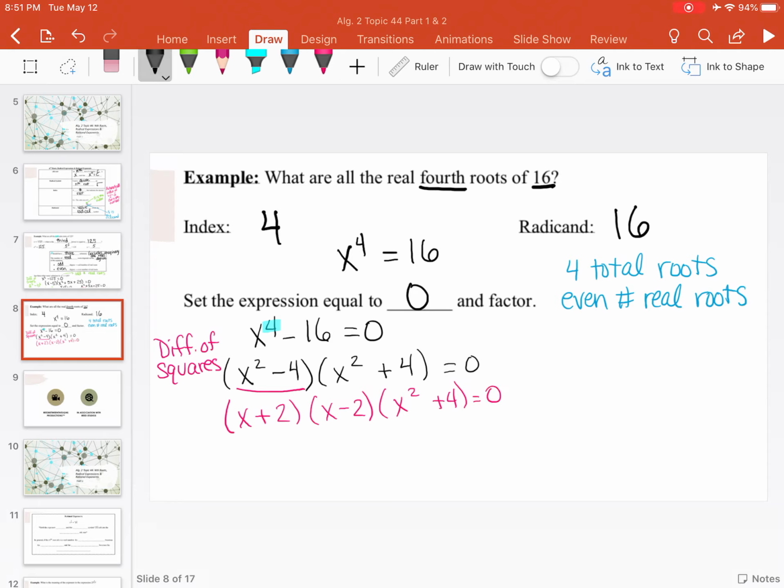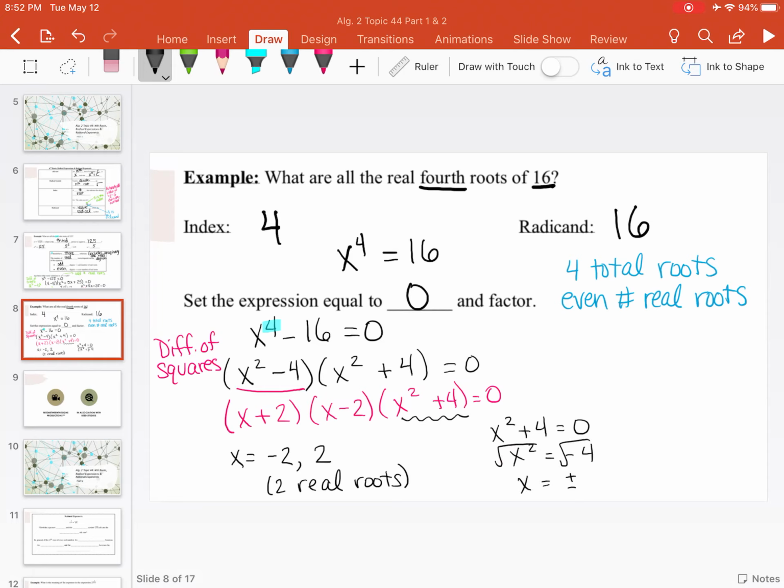So again, what are my possible values for x? I can use the zero product property. So I know x can equal negative 2 or positive 2. Those are my two real roots. Now for this x squared plus 4, if I set this equal to 0 and solve for x, I get x equals plus or minus 2i.